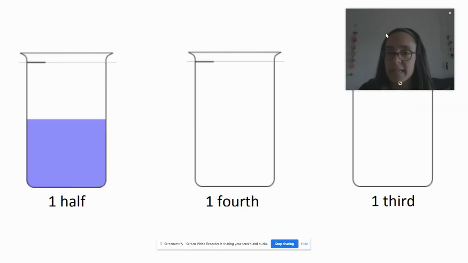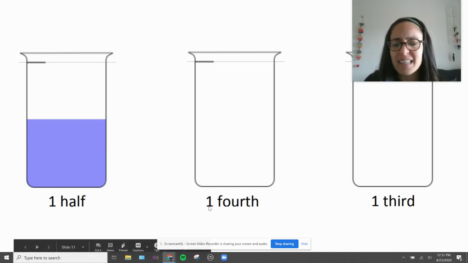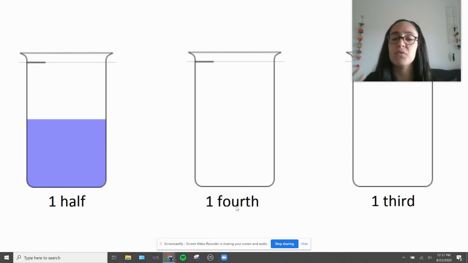So we're going to try it out today together. I here have 1/2. So I have my beaker and half of it is filled with water. Now for my next one, I see 1/4. How can I know where 1/4 is? This is super important when I'm looking at my parts because I want to make sure that all the parts are equal.